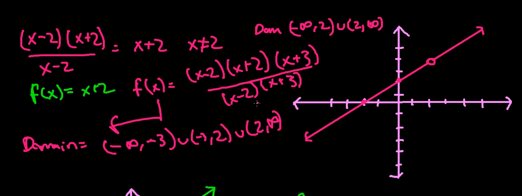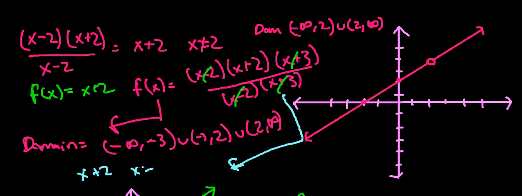And here again, we're not going to have any asymptotes, because since these cancel, this also simplifies into x plus 2, where x cannot equal minus 3 or positive 2.